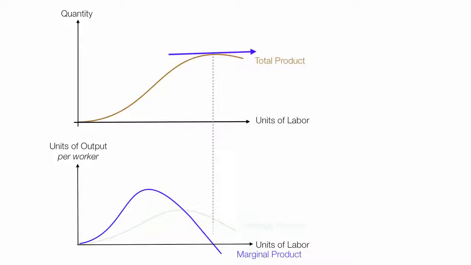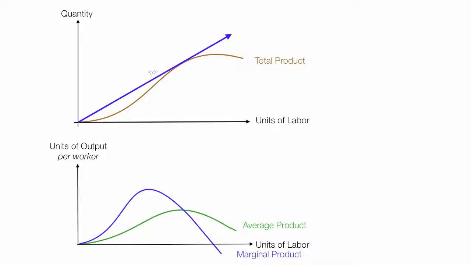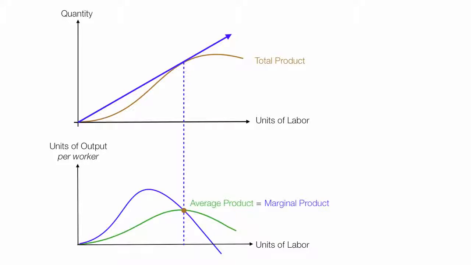And some points are more interesting than others. For example, this is where marginal productivity of labor is 0, and then it goes negative. If I draw a tangent line and just touch the total product curve like that, and I draw a straight line down, what that shows me is, at that point, average product is equal to marginal product.